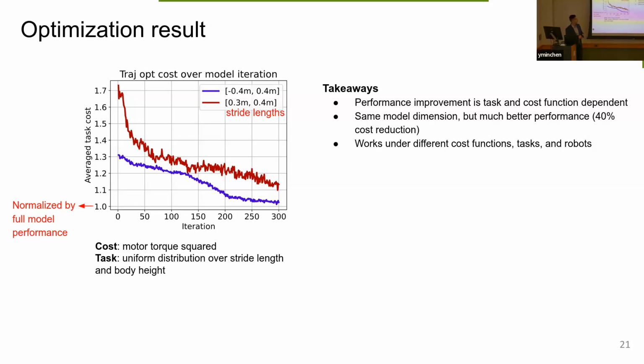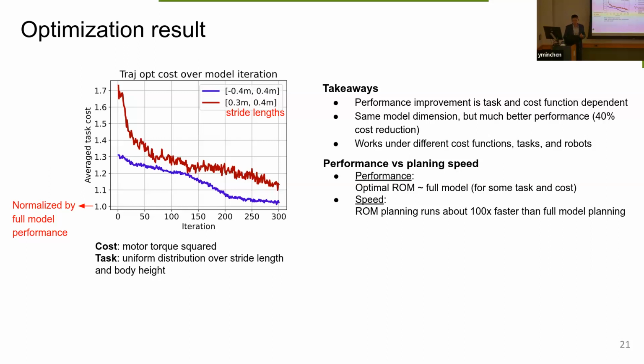In the second example, we see about 40% cost reduction. And yeah, it works. We observed that it works under different cost functions, different tasks, and different robots. Theoretically, different robots, but in our experiments, we tried 2 robots.